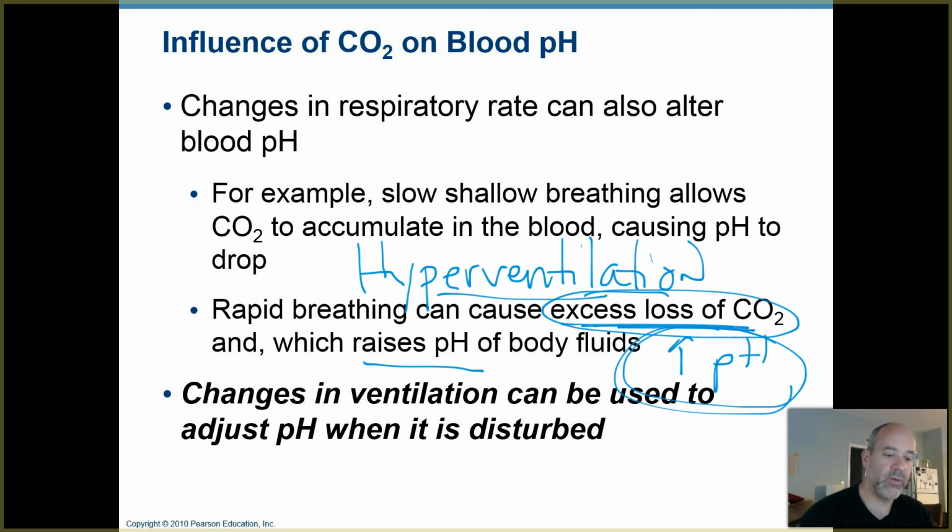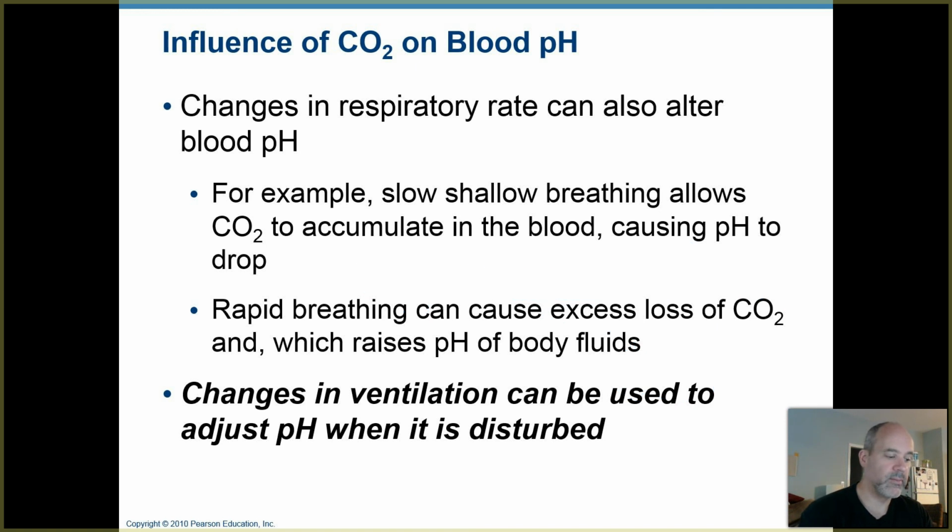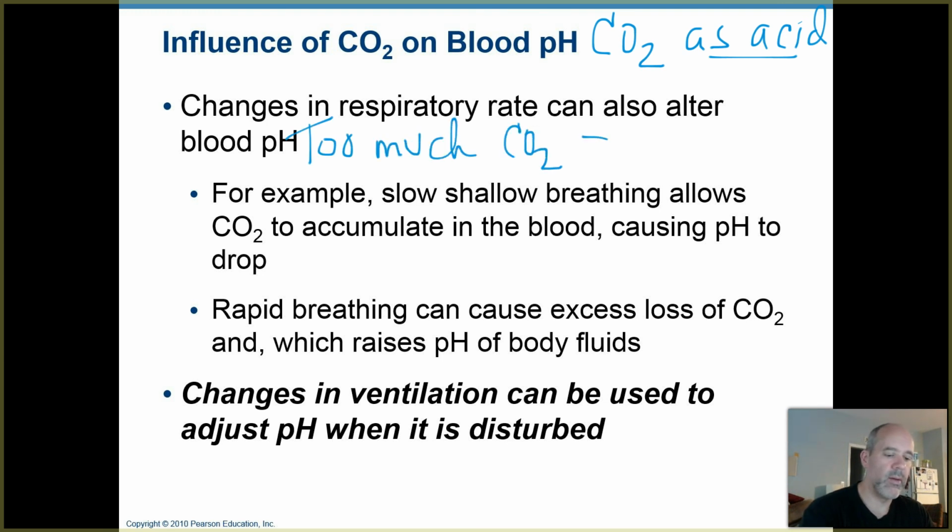The easiest way to think about it is to think of CO2 as an acid. Okay, this is the easy way to think about it. Too much CO2 equals too much acid.